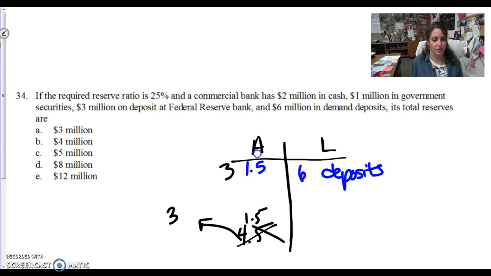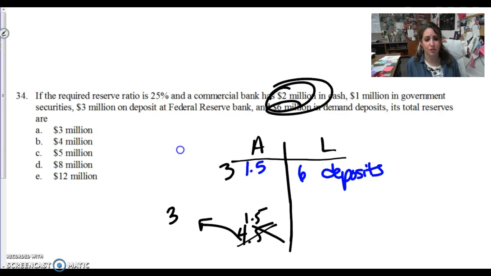And they also have $2 million, so 3 plus 2 is 5. So they have 3 left over after they deposited money in the Fed, and they had $2 million already in the bank from previous things. So that is another way to look at it. It's the same math. I just said it in a different order, but the answer is 5 either way.